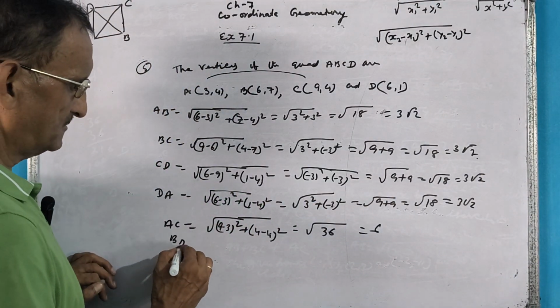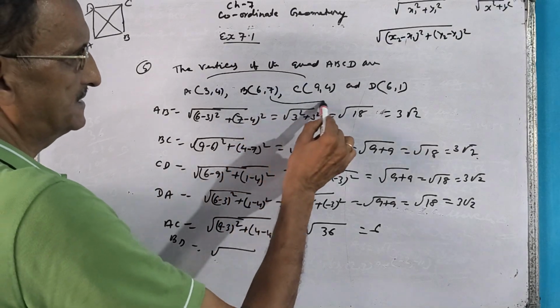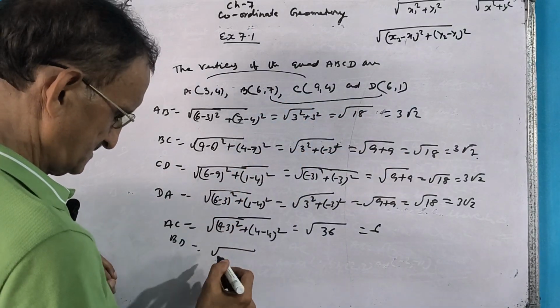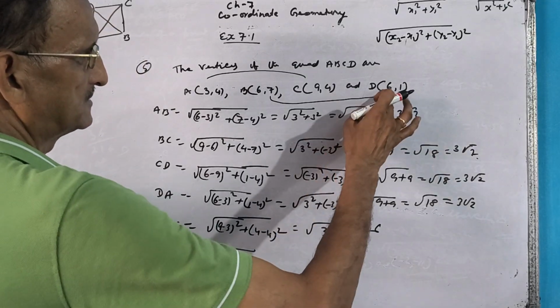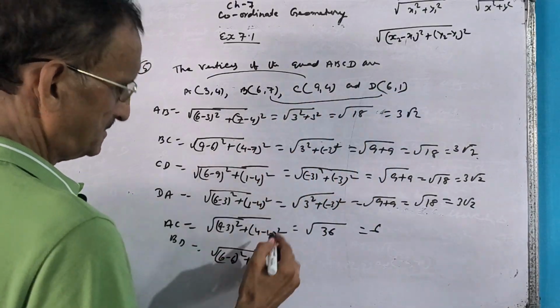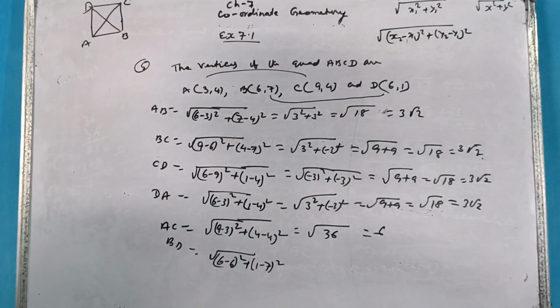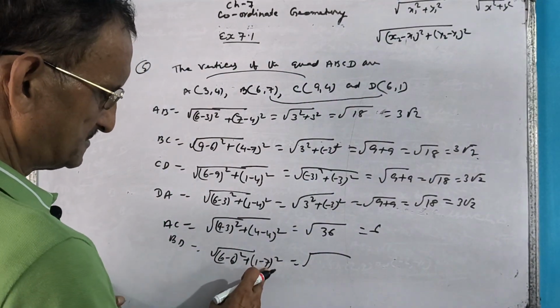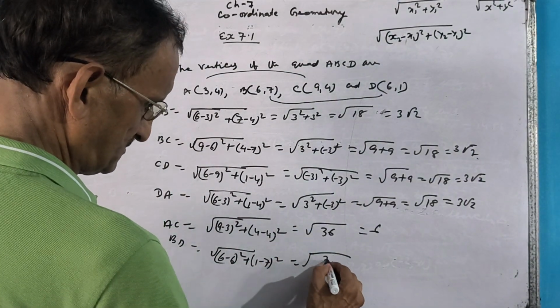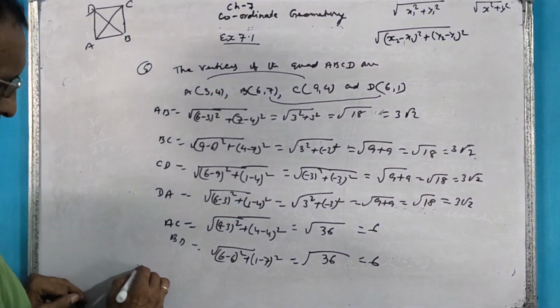Then find BD. See the points B and D. The square root of (6 minus 6) whole square plus (1 minus 7) whole square. Understood? This is 0. 1 minus 7 is minus 6. Minus 6 whole square is plus 36, which is 6. So what have we got?